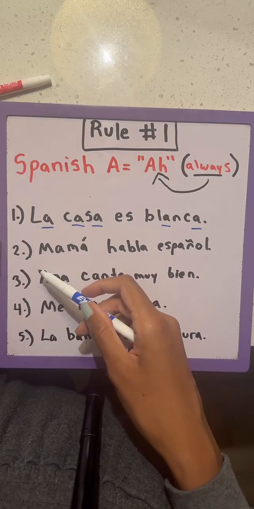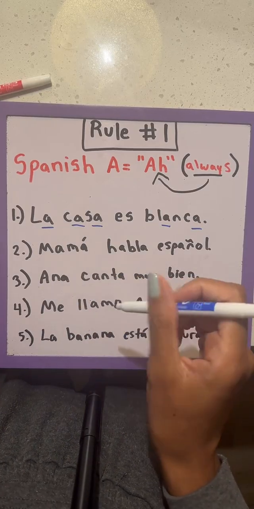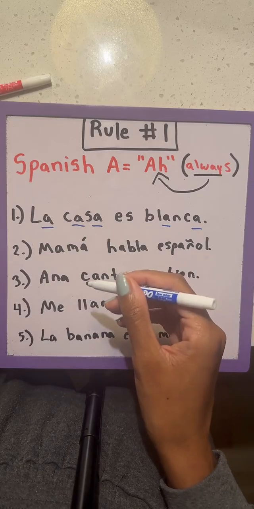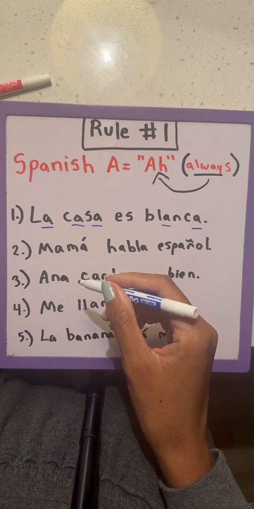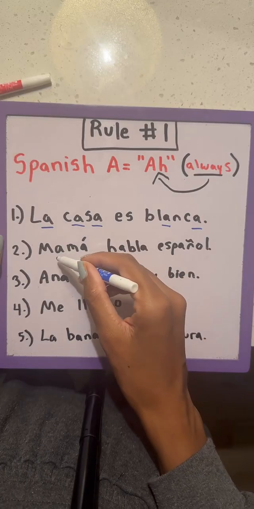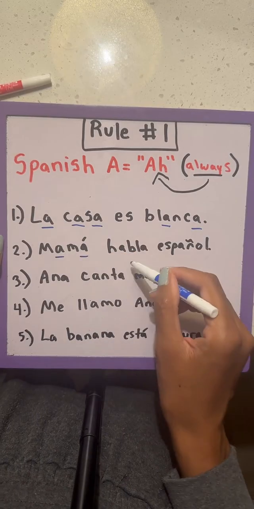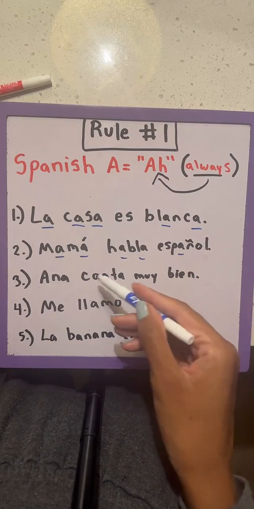How many are in sentence number 2? Mamá habla español. How many times do you see "a" in number 2? Let's look again. Okay. 1, 2, 3, 4, 5. Oh, good. 5 again.